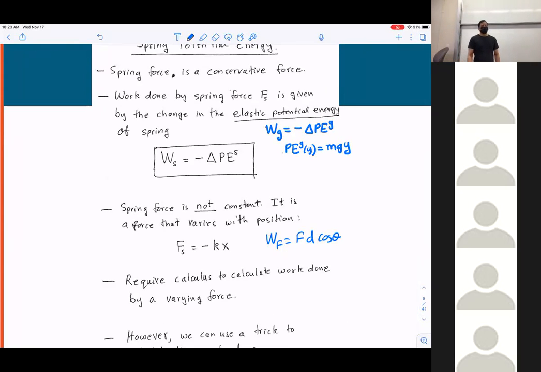So in the same spirit, what we want to say is that the work done by the spring force is minus the change in some spring potential energy. And then the question is, this spring potential energy should be some function of x, the amount by which you stretch or compress the spring. What is that function equal to? That is what we want to figure out.